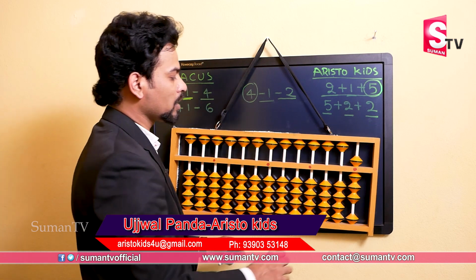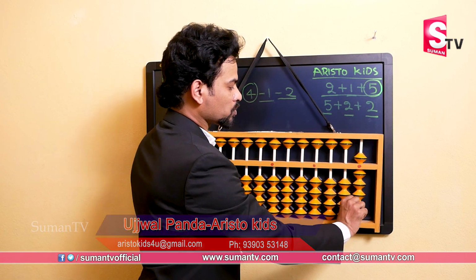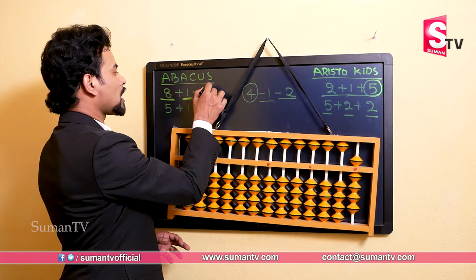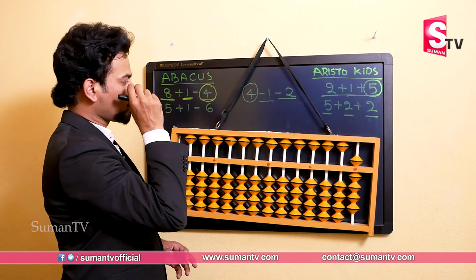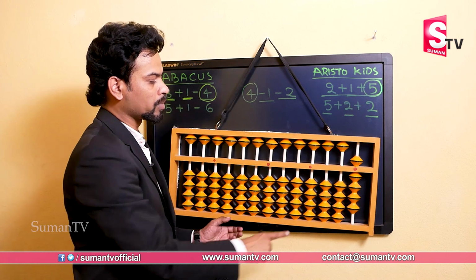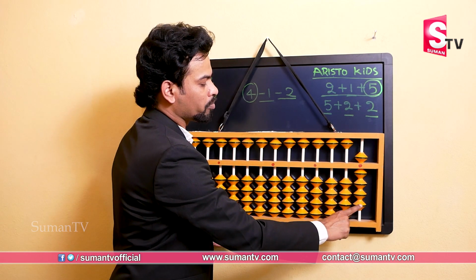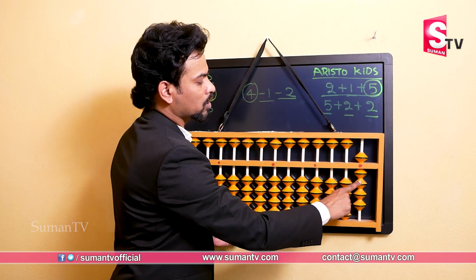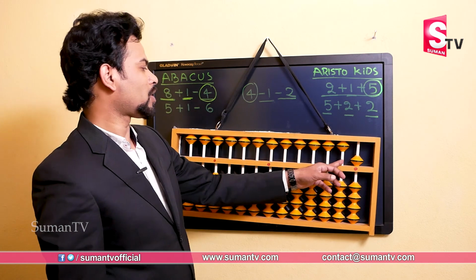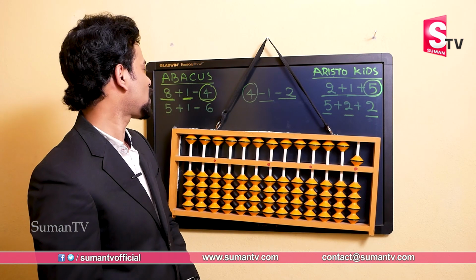Plus 1 means again 1 bit up. So 8 plus 1, 9. And from this 9 we need to subtract 4. So 4 means minus 4 or less 4. So from downside we will subtract 4 bits. 1, 2, 3, 4. So 4 bits down. And we got the final answer, that is 5.